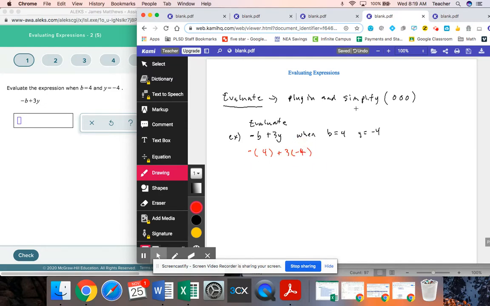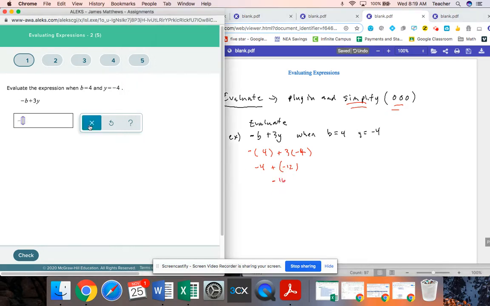Now I can simplify using the order of operations because it's just numbers. This will give me negative 4 because this is multiplication, plus, and then I'm going to multiply this. This is going to give me negative 12. I'm sorry, I can't stand having two signs next to each other. So negative 4 plus negative 12 is negative 16. So if I come over here, and unless I wrote something wrong somewhere, our answer should be negative 16.